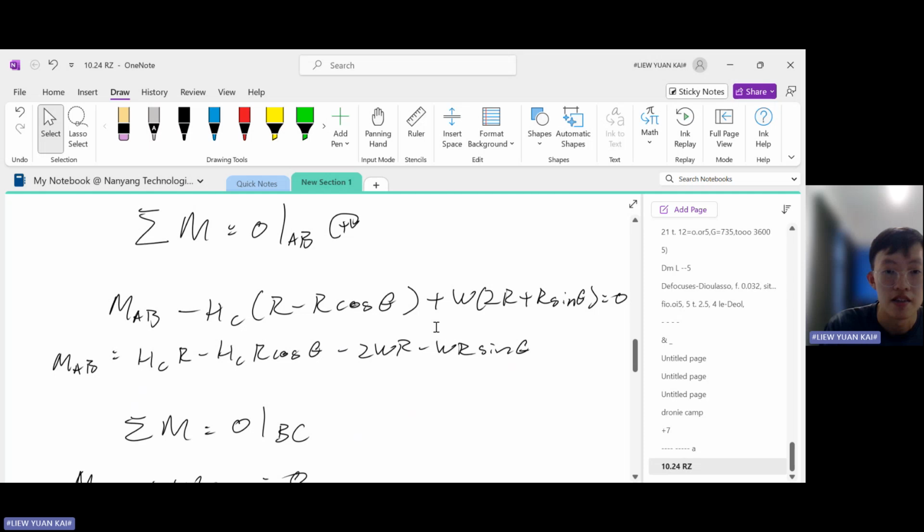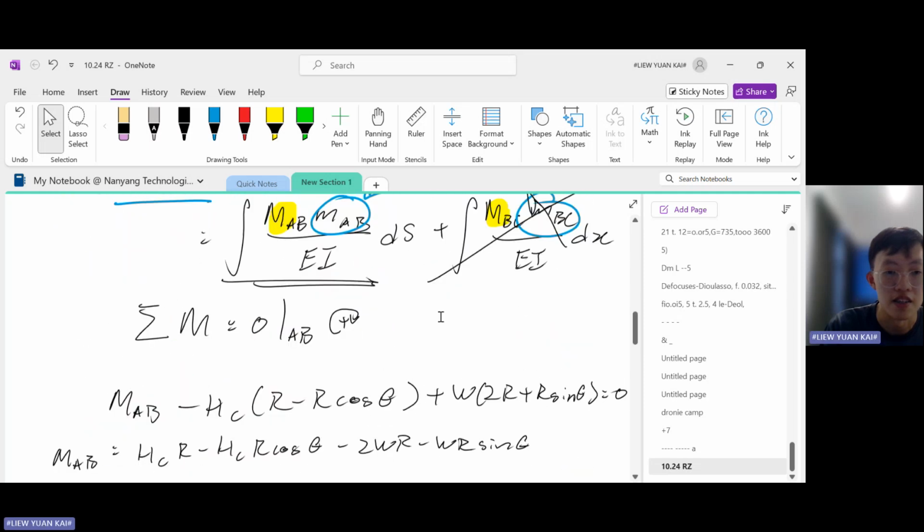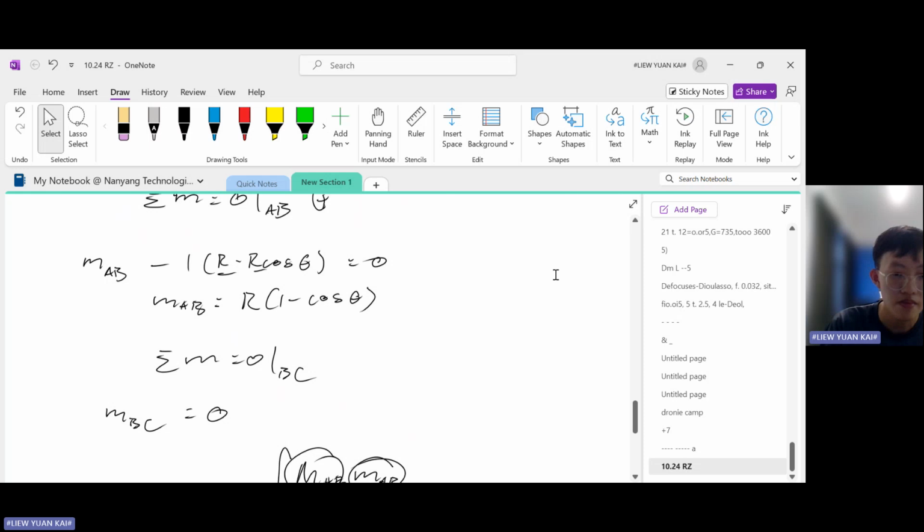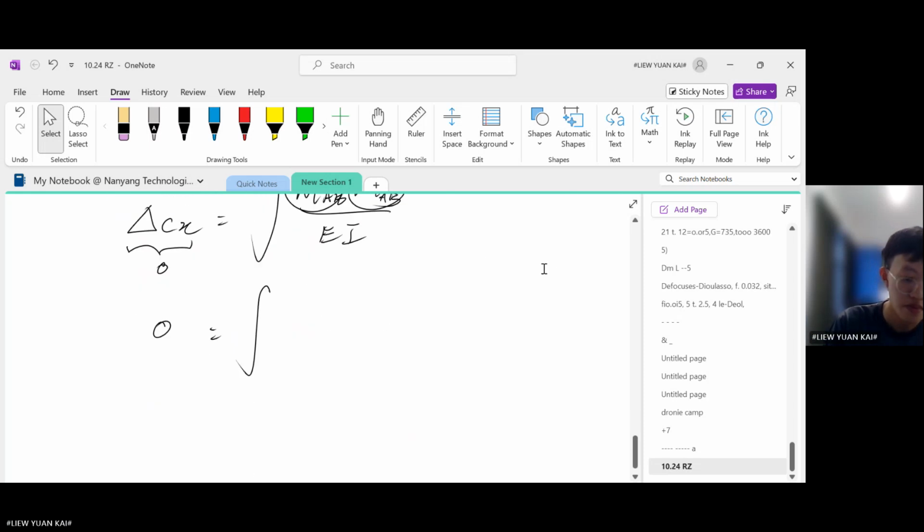it'll be this here. So we're gonna substitute this whole thing here. HCR minus HCR cosine theta. Oh, I'm gonna move this over because there's not enough space.